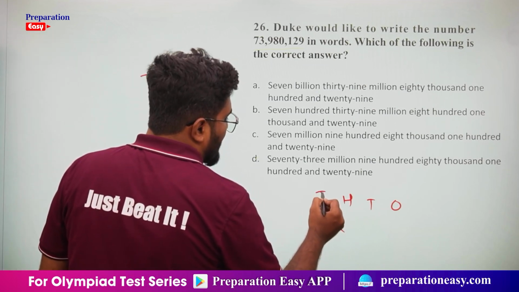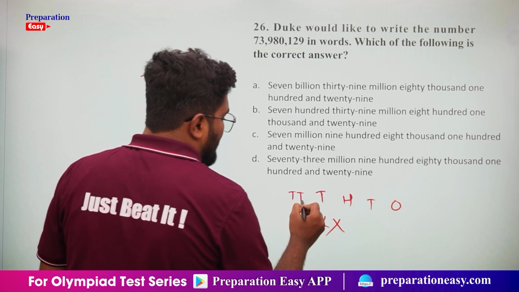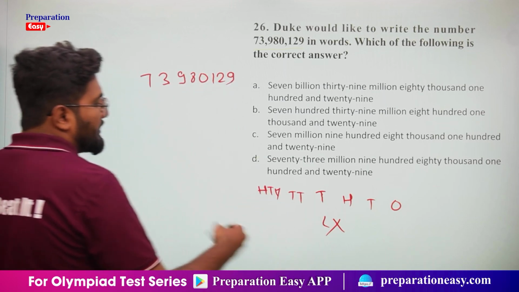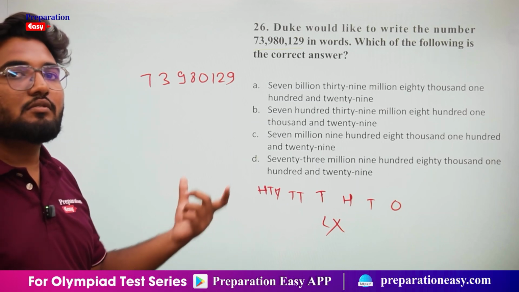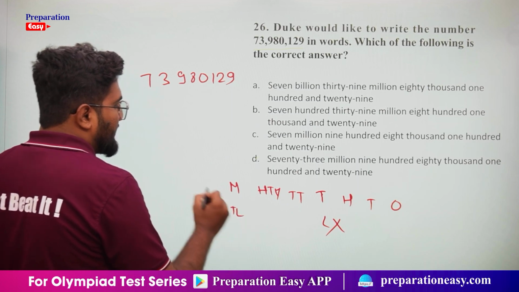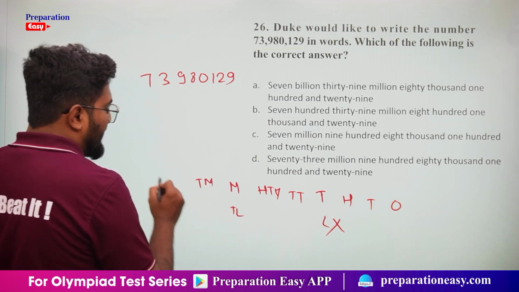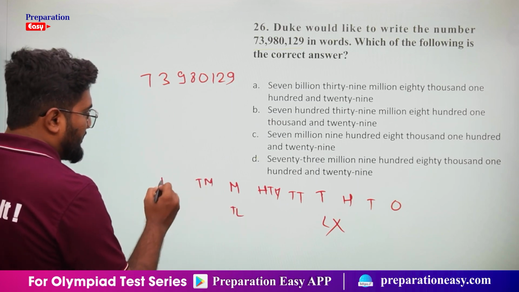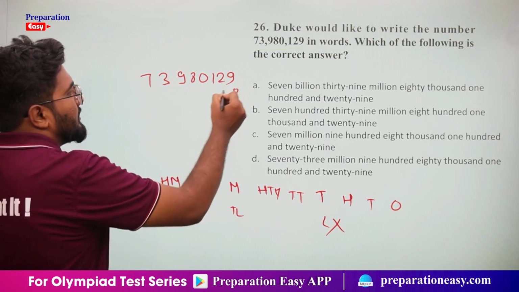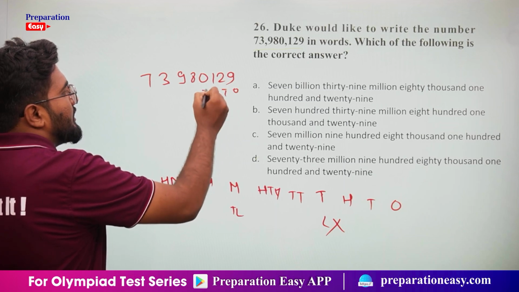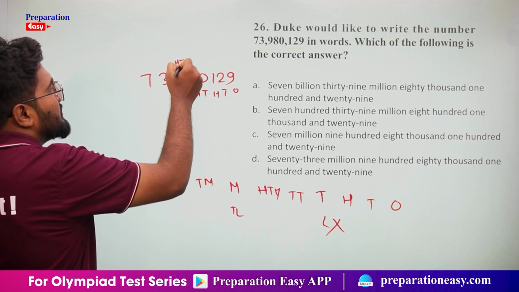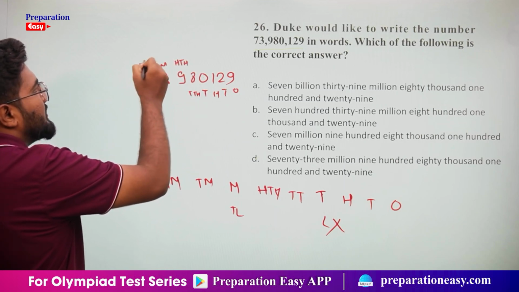Therefore 1000, then 10,000, then 100,000, then after 100,000 it goes to millions, then 10 million, and then 100 million. Okay, so here ones, tens, hundred, then thousand, then 10,000, then 100,000, million, and then 10 million.